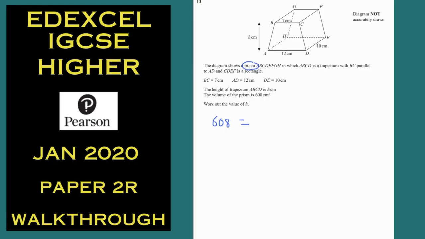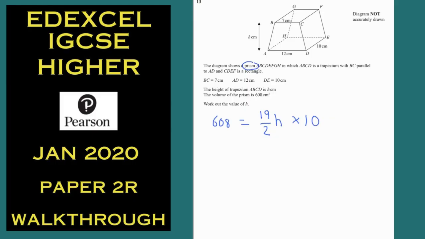So 7 plus 12 is 19, halved. And it's the average of them multiplied by the distance between them. That gives you the area of the trapezium. That's then multiplied by the third dimension. And that is a correct statement.